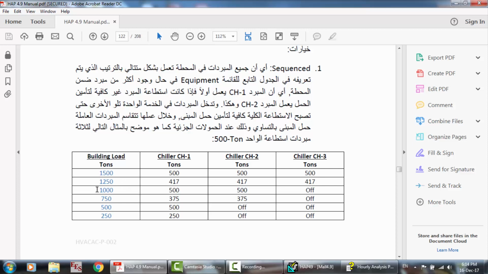But if the load of the building is 1000, no need to use the third. It will not start running, only chiller 1 and chiller 2. If this is the total load, also the same. If it's 500, no need to use two chillers, just one chiller. This is the total, exactly the same. Okay.